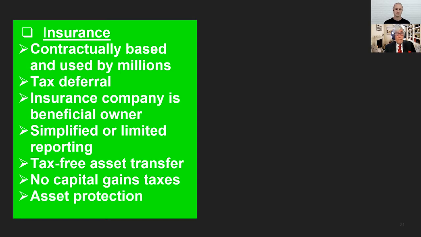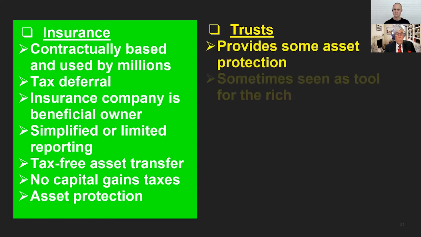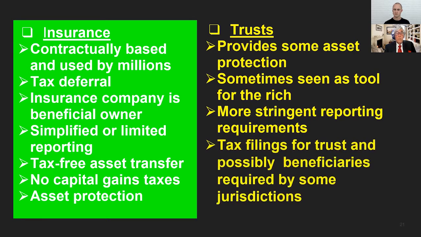This is a side-by-side comparison of the main points of a PPLI structure versus a trust. So first, let's go over a trust. It provides some asset protection, but it's also seen as a tool for the rich. It has more stringent reporting requirements. There are also tax filings for the trust, and more recently, for the beneficiaries, tax filings in some jurisdictions.